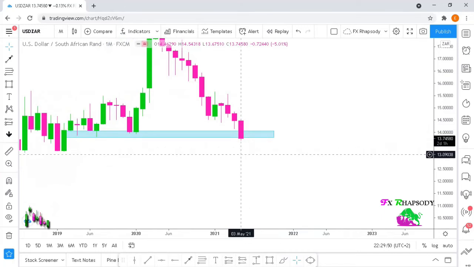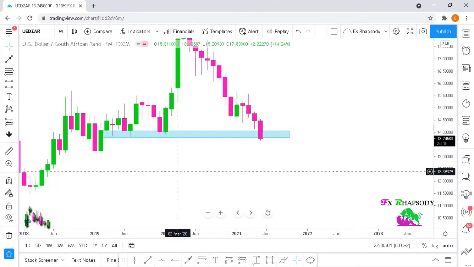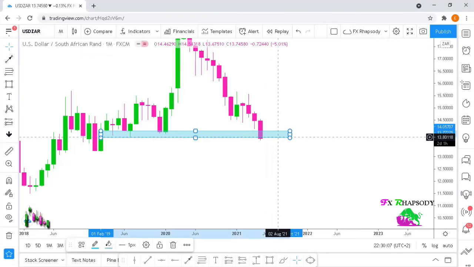It's pushing through that support area currently, and we can expect price to push back a bit more, maybe coming back a little bit, but we'll have to look at what it does there.